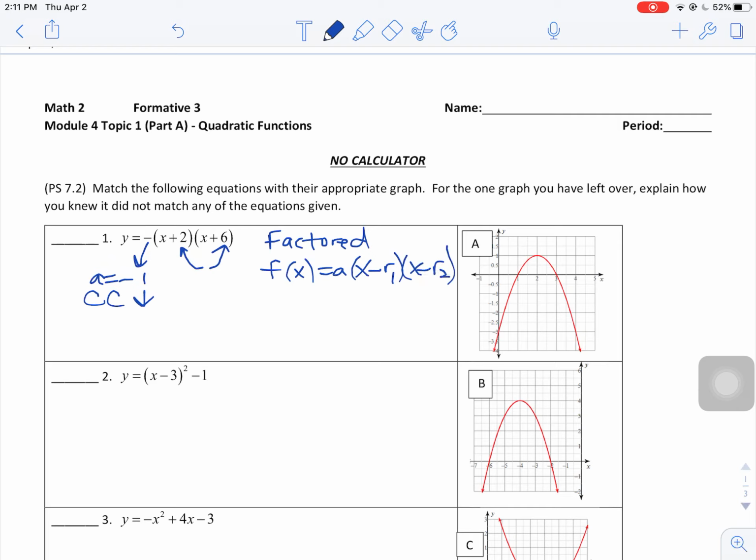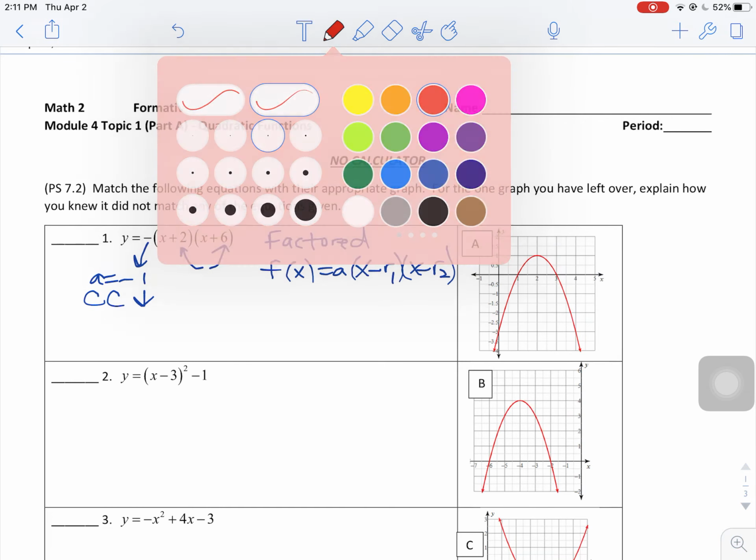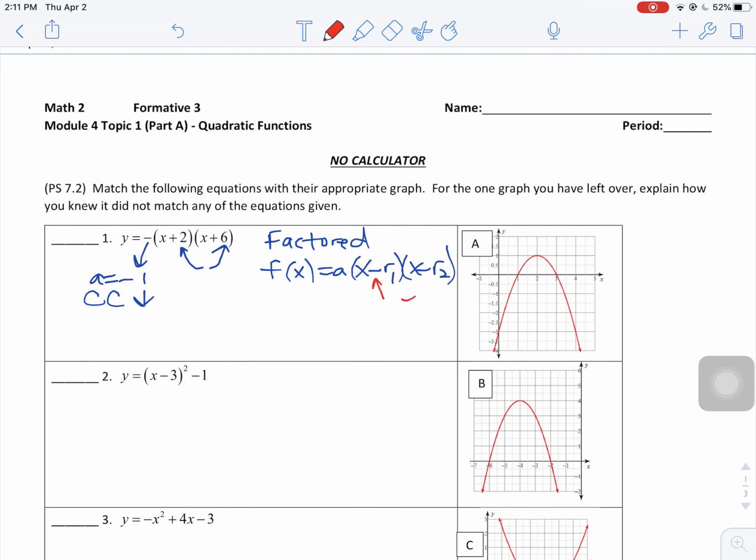So those r sub 1 and r sub 2 values, those are your x-intercepts, or your roots. So since there are built-in minus signs in the generic formula right here, it means that we want to take the opposite of the numbers we see in the parentheses to get our x-intercepts. So our x-intercepts would be -2, 0, and -6, 0.